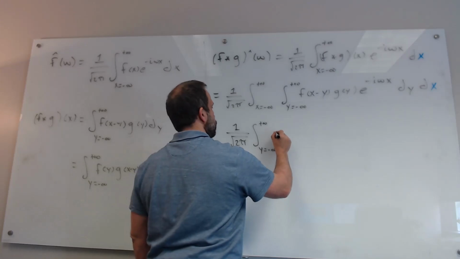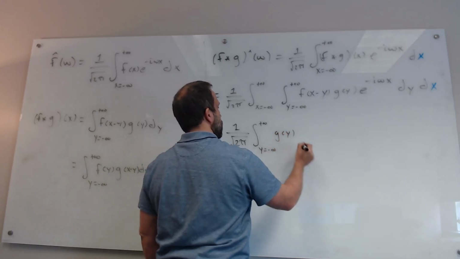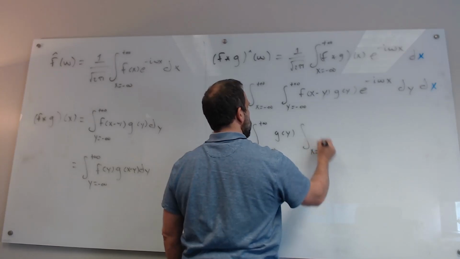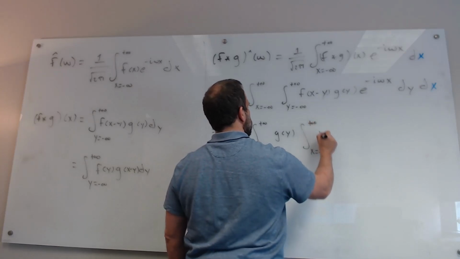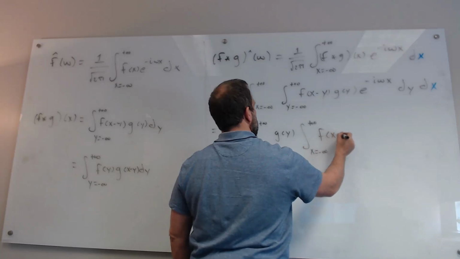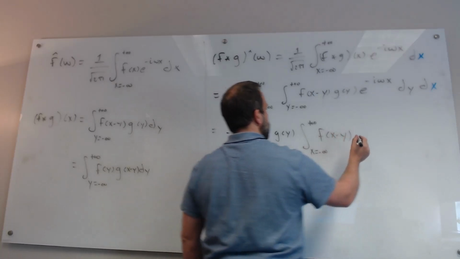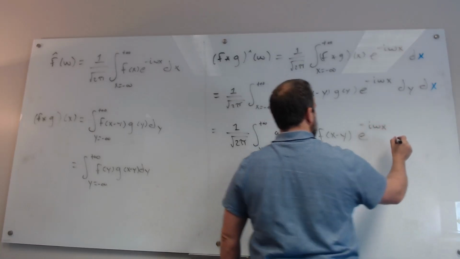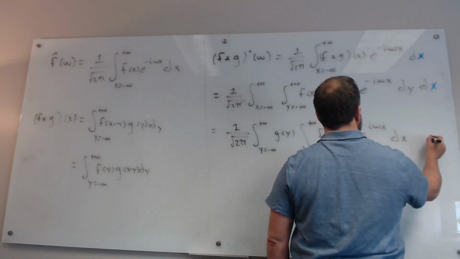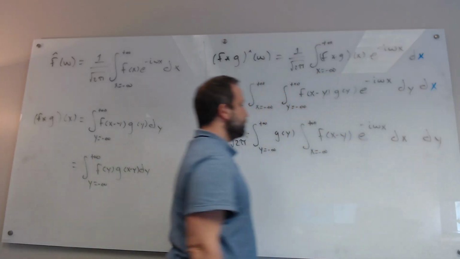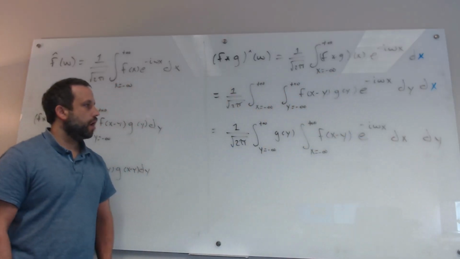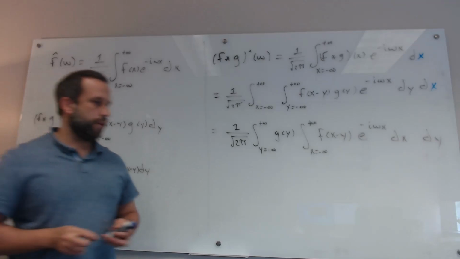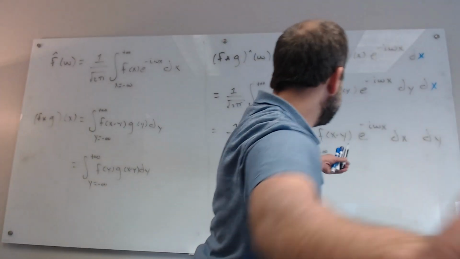I'm going to have g of y, and then I'm going to have the integral x equals minus infinity to positive infinity f of x minus y e to the minus i omega x dx dy. Okay, and I'm going to work on this integral a little bit, and so I'm not just rewriting a whole bunch of stuff, I'm going to make changes in place.